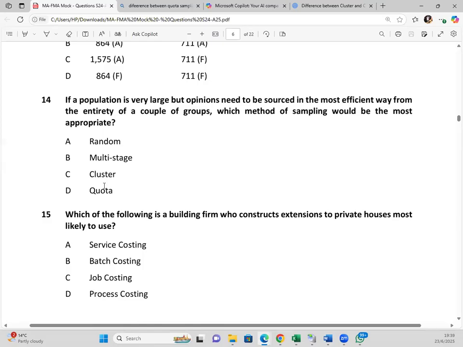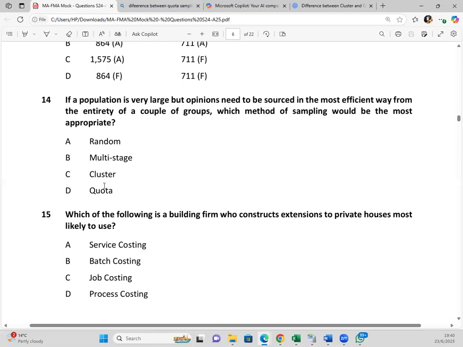We group the population into different quotas. But the difference is, for quota, we pick members from each quota to represent the sample. If it's cluster sampling, we randomly pick a cluster. We are not picking members from each, but we ask the whole cluster. The interview is being made on the whole cluster.